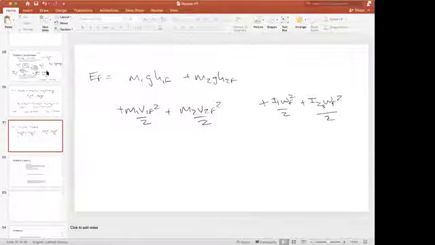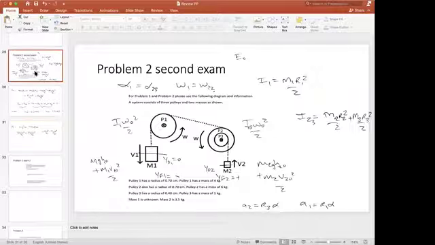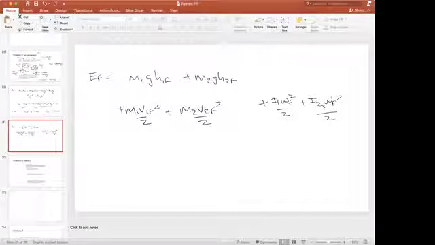But these v's, because they are at different radiuses, these v's are different. So v1 final will equal R1 omega final, and v2 final will equal R2 omega final.